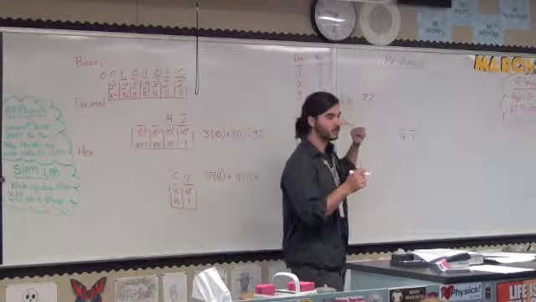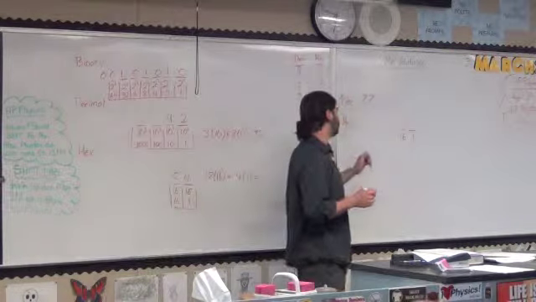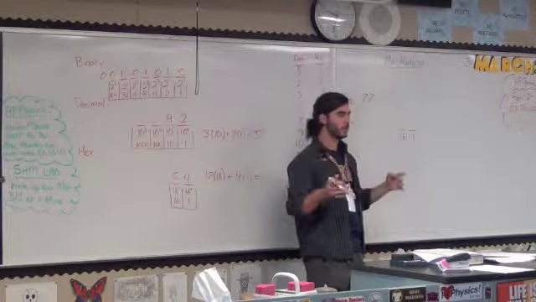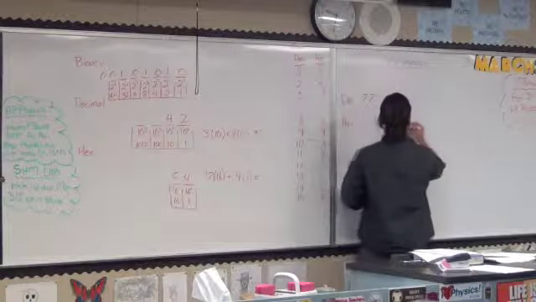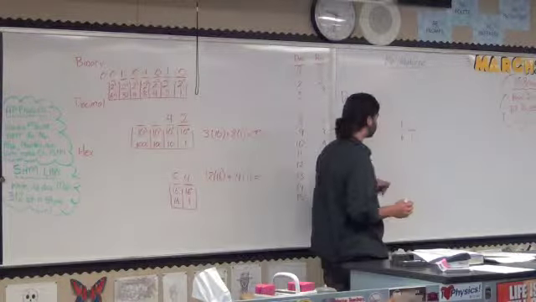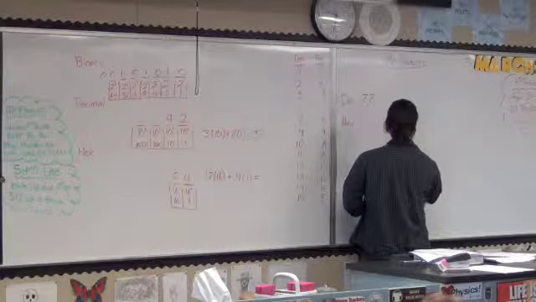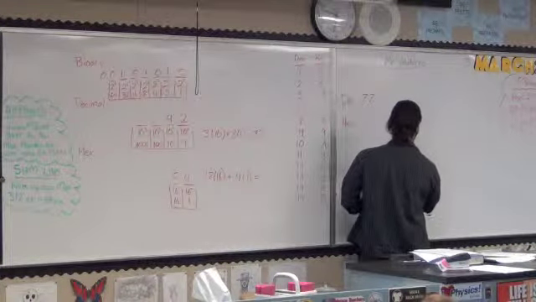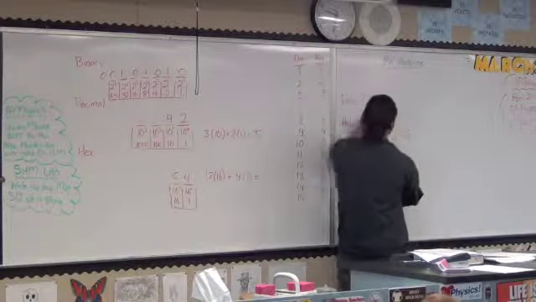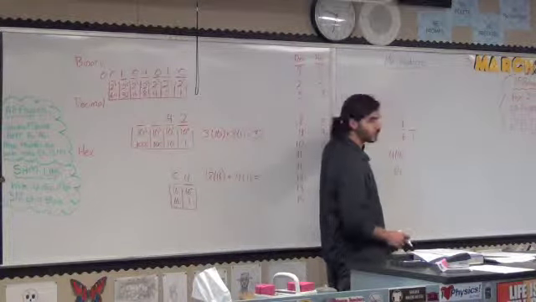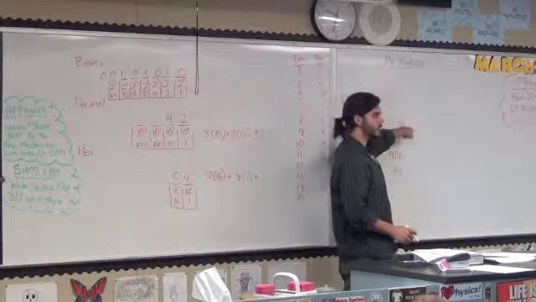If you do 77 divided by 16, it's going to give you 4 point something. Okay, so 4. So if you put a 4 there, 4 times 16 is what? That's 64. So to get from 64 to 77, you need 13 more, right? So what's 13 in hex?